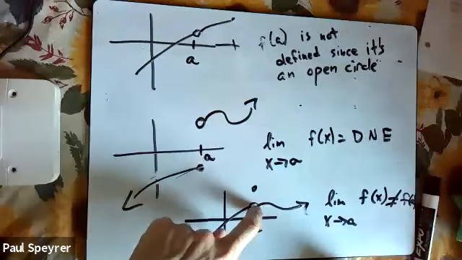And then B: for each number stated in part A, determine if f is continuous from the left, right, or nowhere.